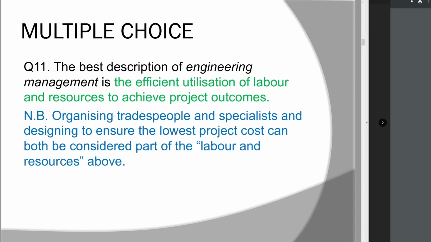The big thing to remember is that if you have a safety accident or an environmental incident, you will not be able to be efficient with your labor and resources. So these things are encapsulated by the idea of efficiency. Anyway, I'll keep moving. What are we looking at?